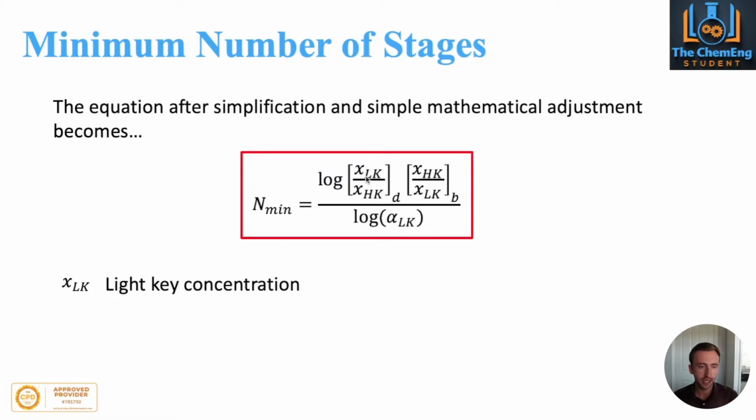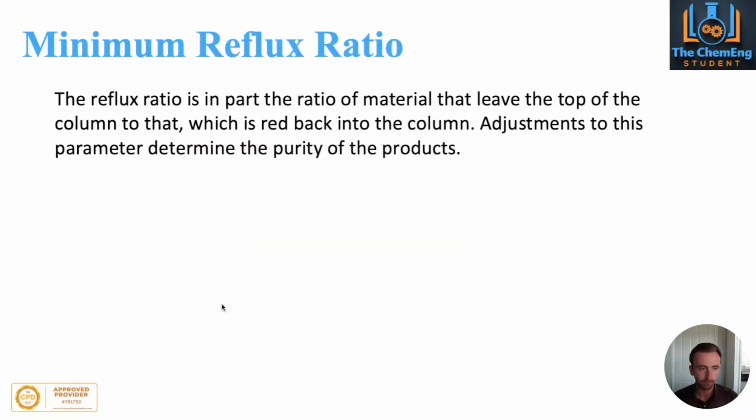So the subscript lk stands for light key, and that is the light key concentration. So you'll have a heavy key and a light key, and that's obviously what the hk stands for, the heavy key. So these are the two components that we use. Regardless of whether we have a multi-component system, we have to use two reference compounds, and we select these based on which one goes to the top of the column and which one goes to the bottom.